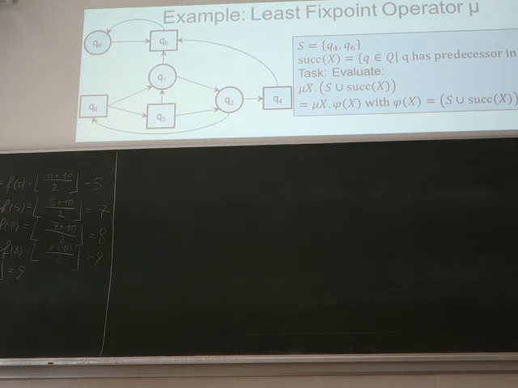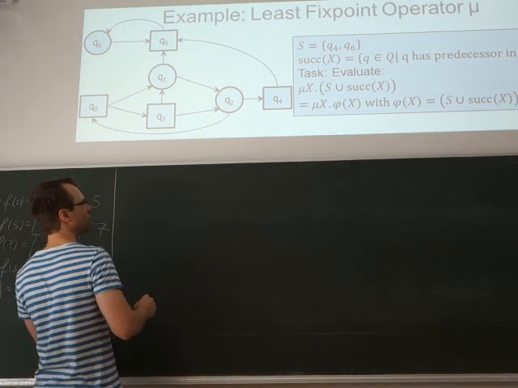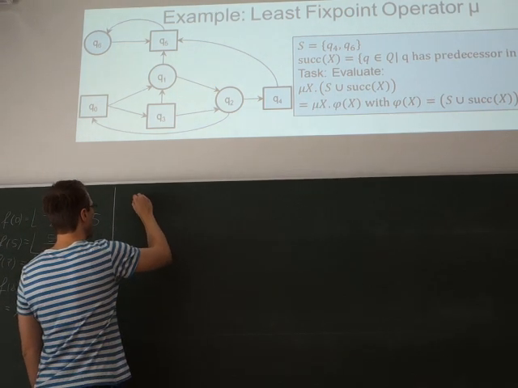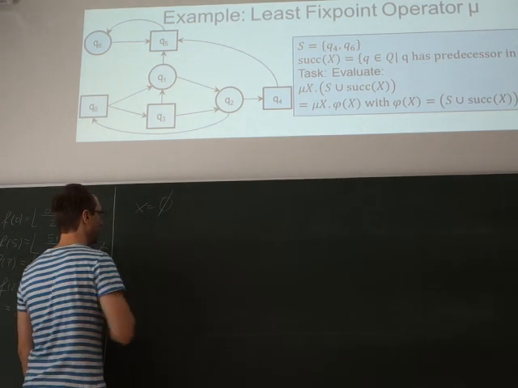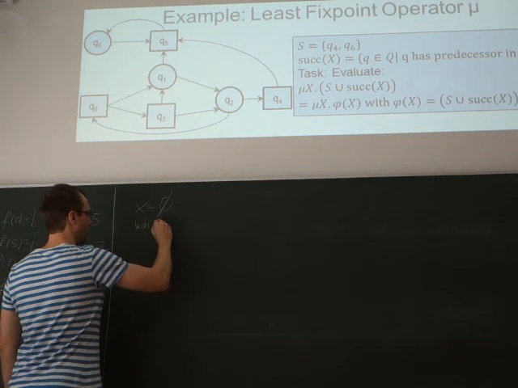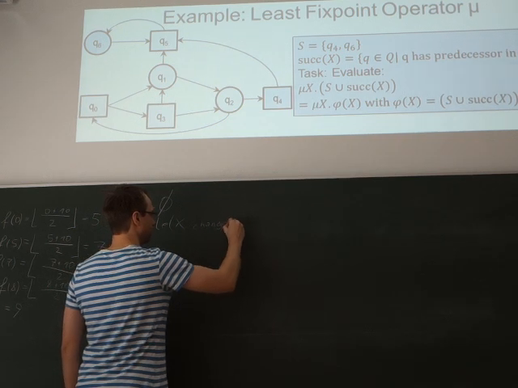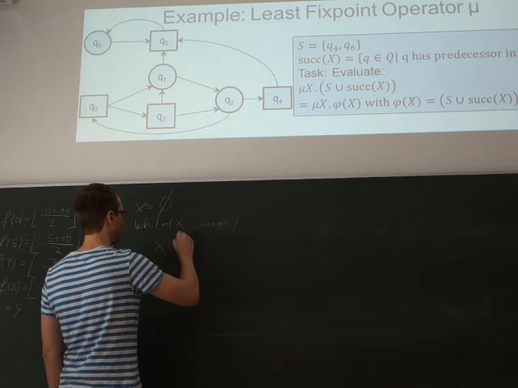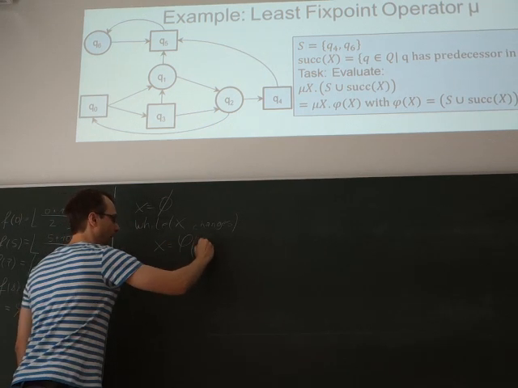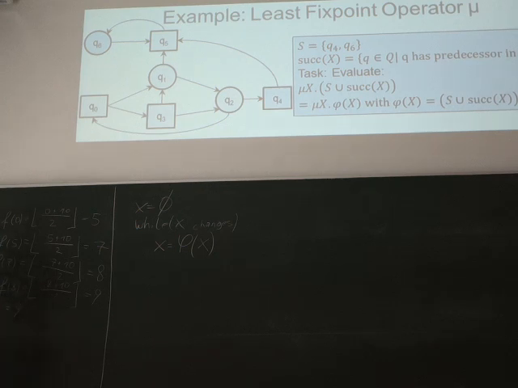So our goal is now to compute what this mu calculus formula actually means, and we do this usually in the following way. When we see such a fixed point operator, we simply write down our algorithm to compute the meaning of this fixed point operator, and recall that our algorithm works in the following way. We start with the empty set of states, and then while x changes, the new value of x is our formula phi evaluated with the old value of x.